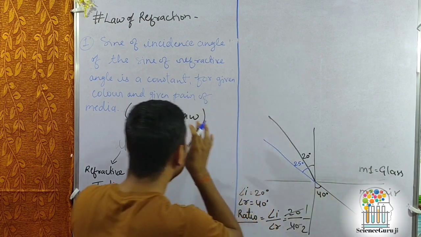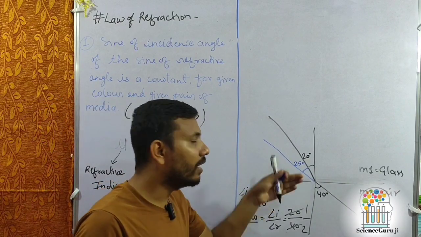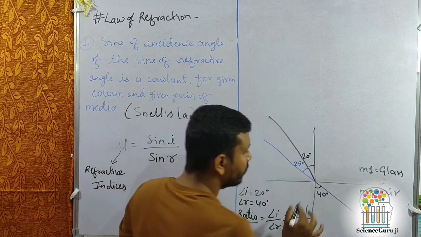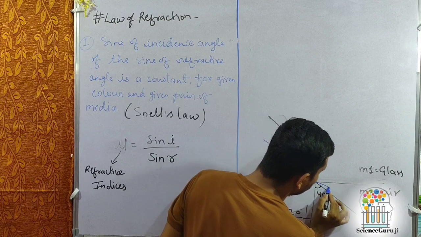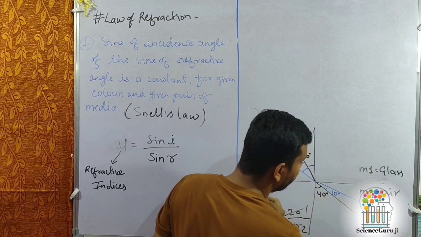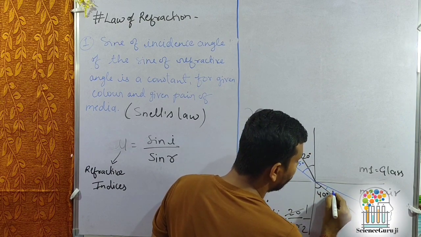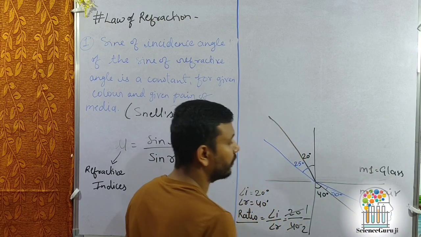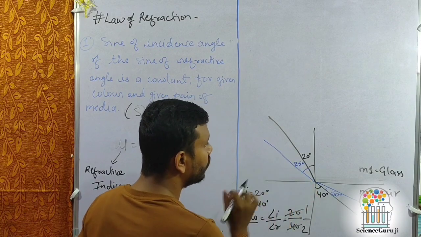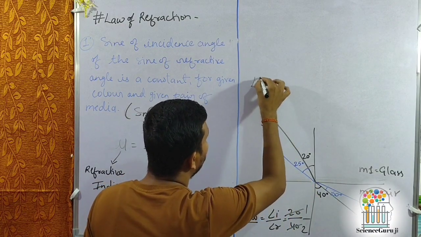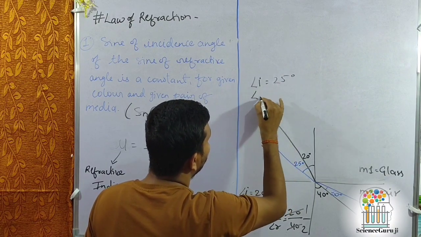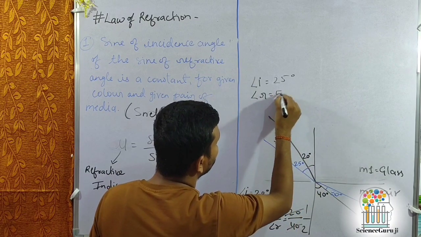By Snell's law, if the incident angle increases, then the refracted angle also increases. So this one increases by 10 degrees, 40 plus 10, it becomes 50 degrees. So as per the new data, angle i is 25 degrees and angle r is 50 degrees.